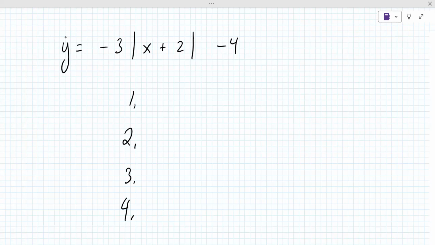Go ahead and give me one of the transformations that you see. That right there, number one, that's left 2, and for 4, that's down 4.